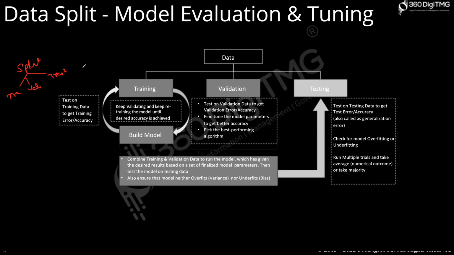The split happens randomly. In model evaluation, this is the basic: we take random data, training separately and test separately. We split the data.